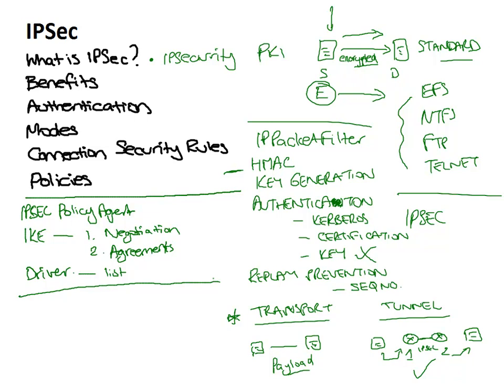Because of all of the additional headers and encryption and time it takes to calculate hashes, it's obviously a rather processor-intensive operation, and throwing it blindly into your network is definitely going to slow things down.